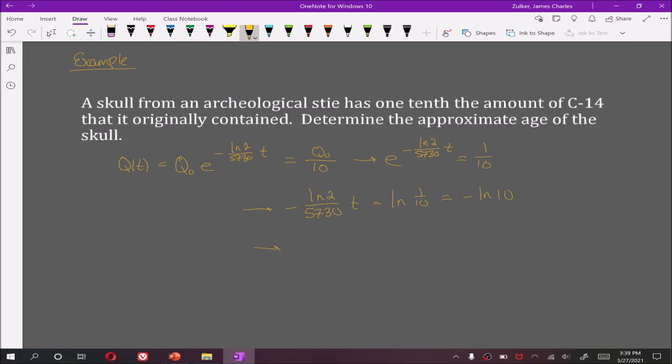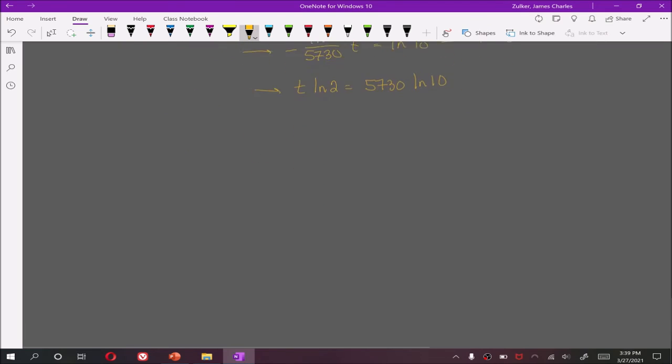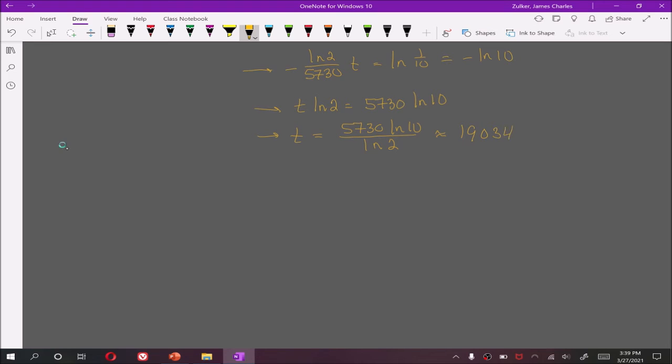Right? t log 2 is equal to 5730 log 10, which means that t is 5730 log of 10 divided by log of 2, which turns out to be approximately 19,034 years old. So this skull is about 19,034 years old.